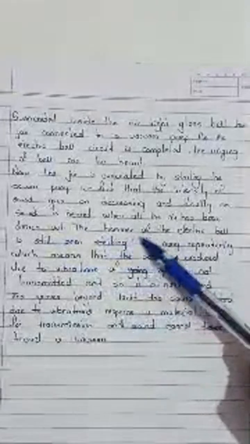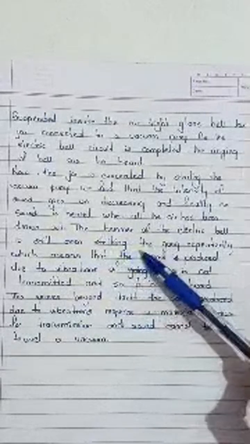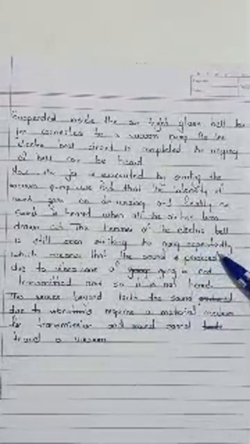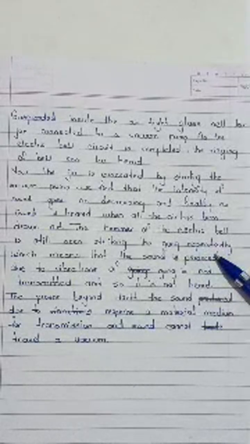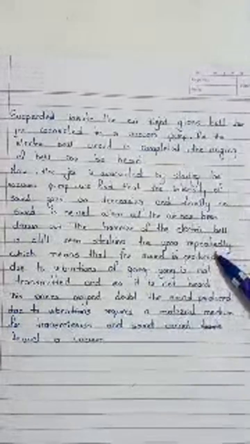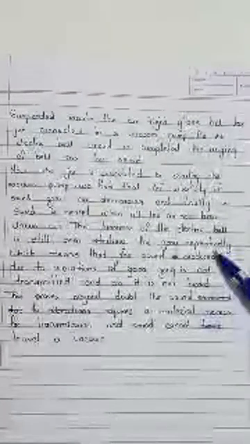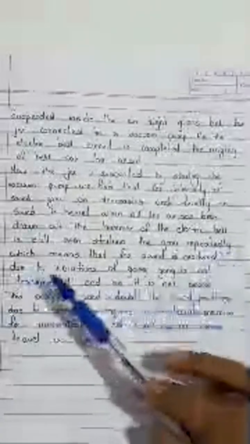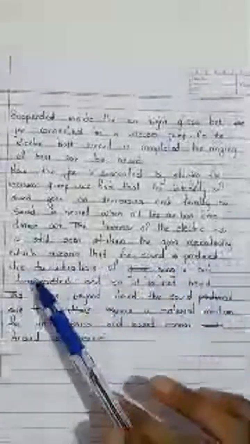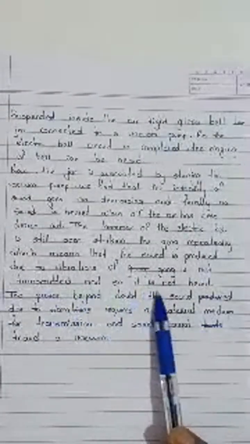The hammer of the electric bell is still seen striking the gong repeatedly, which means that the sound is produced due to the vibration of the gong but is not transmitted, and so it is not heard.